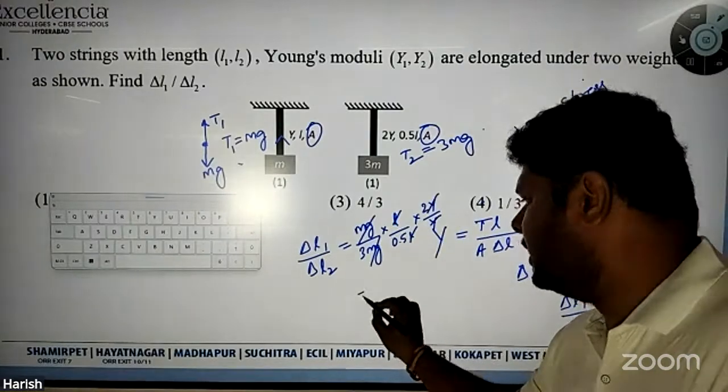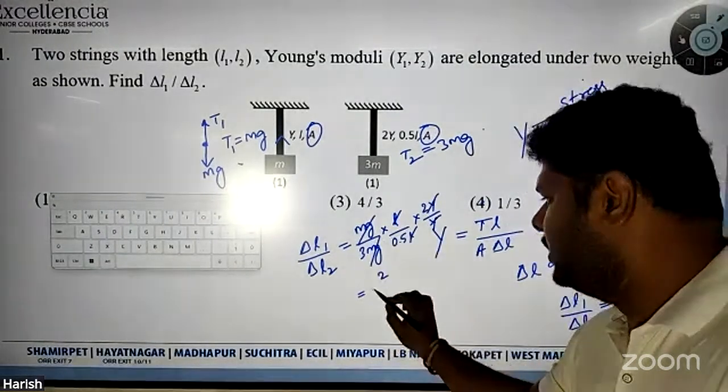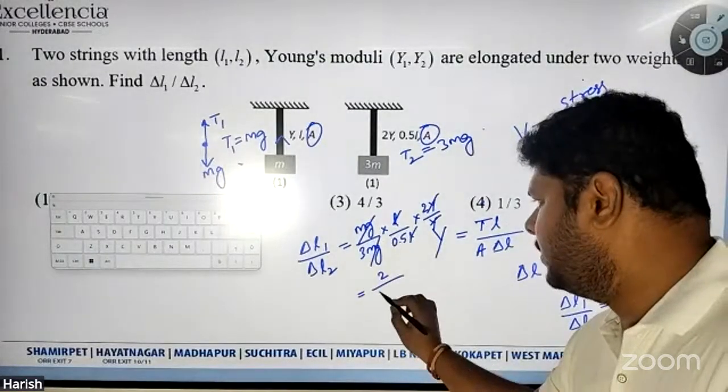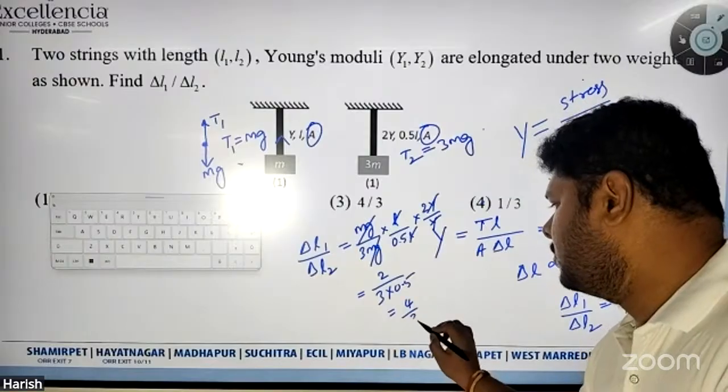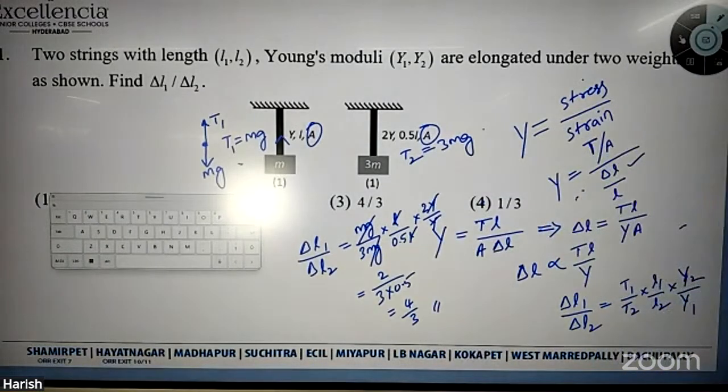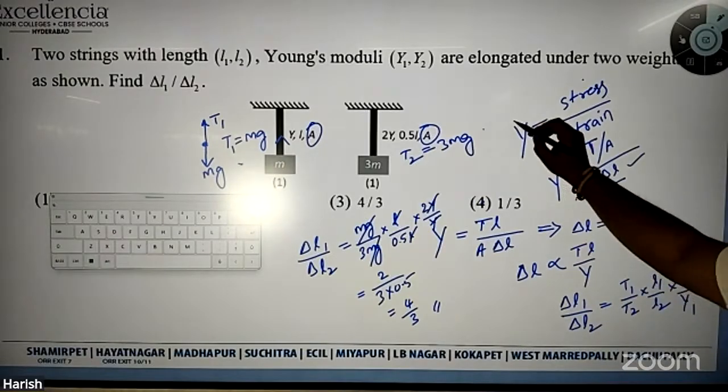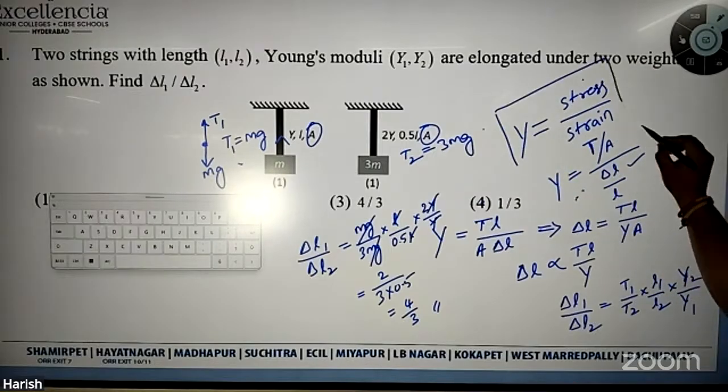So I can write this as 2 into 2 divided by 3 into 0.5, which will be equal to 4 by 3. So the ratio of elongation in the strings will be equal to 4 by 3.